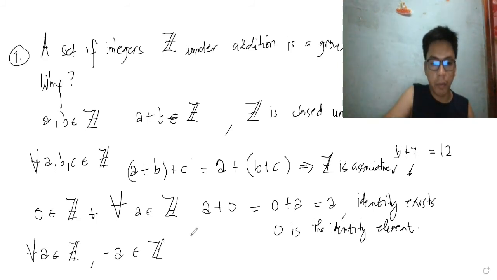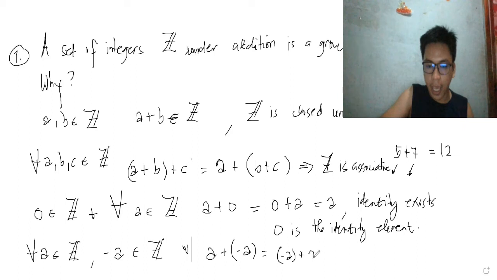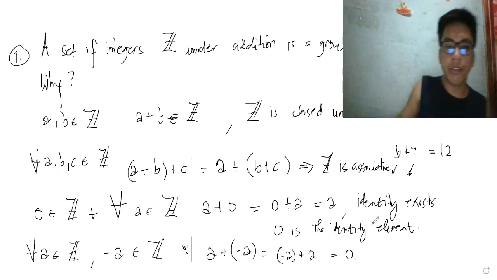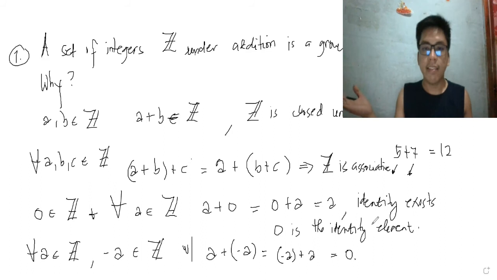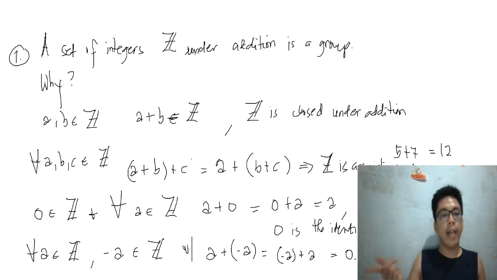So therefore, the inverse exists in Z. You add A by negative A, that's the same as adding negative A by A, and if you add these two, you get 0. So therefore, the inverse element of A exists. That's it. So we can tell now that Z is a group.